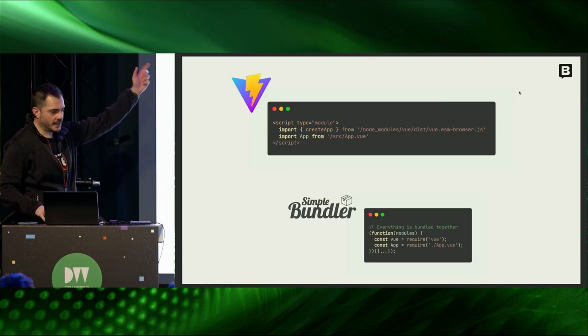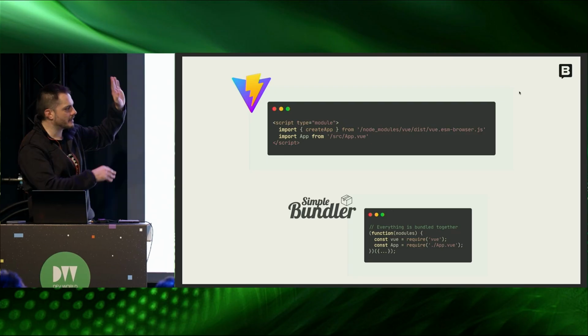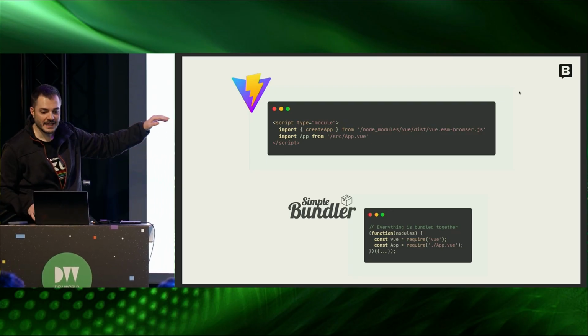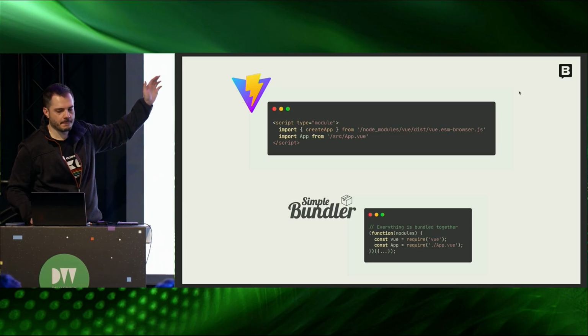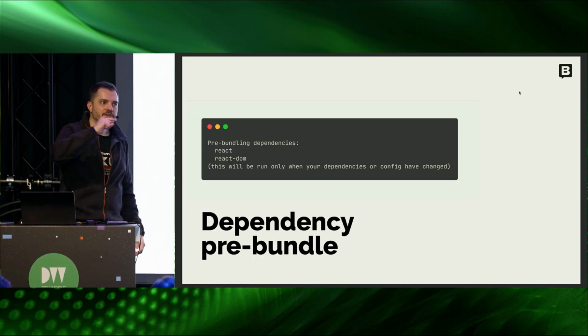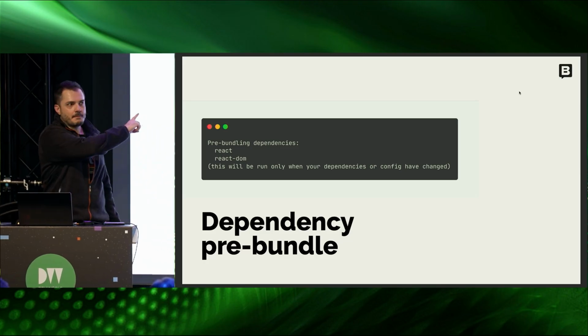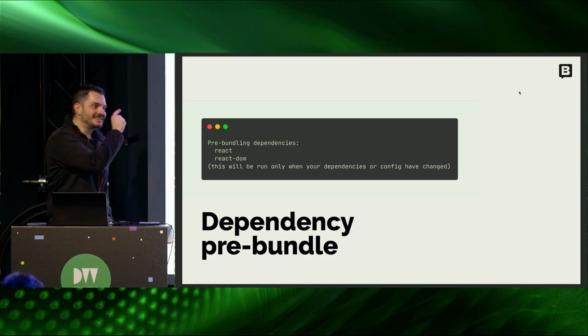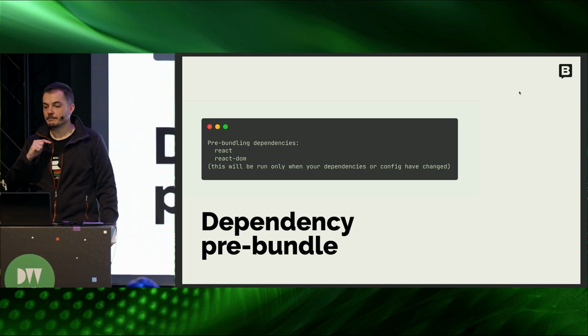Let's take a look at this. When we run our simple bundle, we have everything bundled together. Let's require something from Vue. Instead, in the dev mode of Vite, we are using ES modules. When you first run Vite in development mode, you will see this message, pre-bundling dependencies. This means that Vite is performing some pre-optimizations in modules.